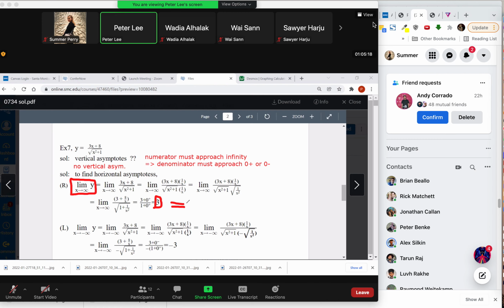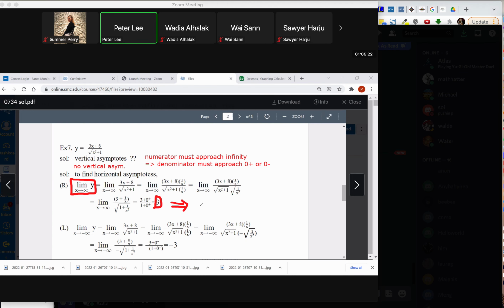Looking at the equation right there, which we just proved, this limit is equal to 3. That means what is it asking for?